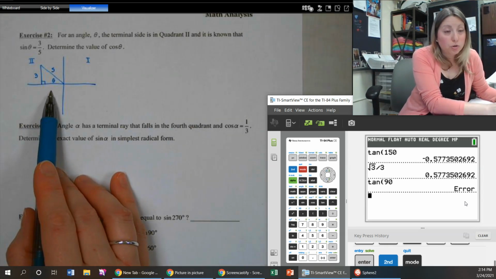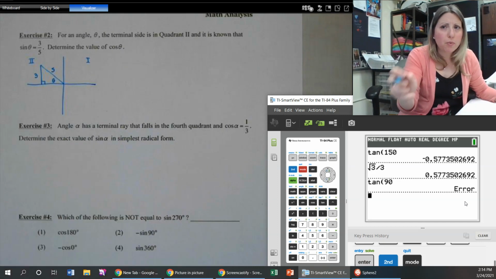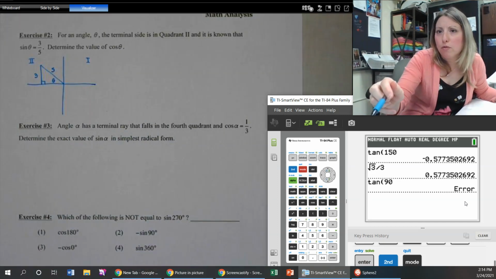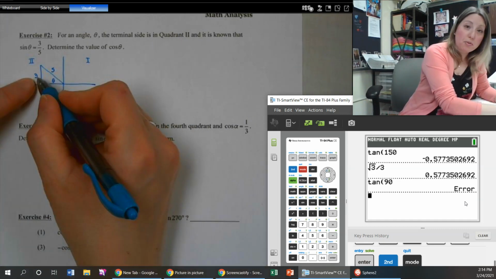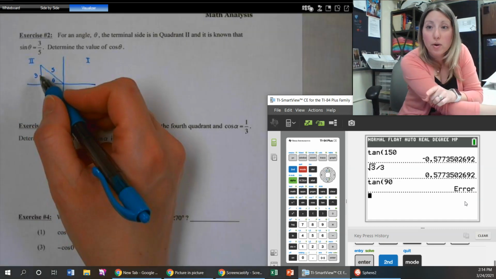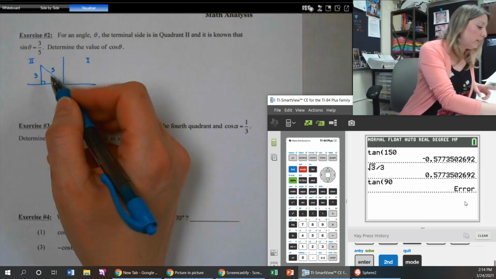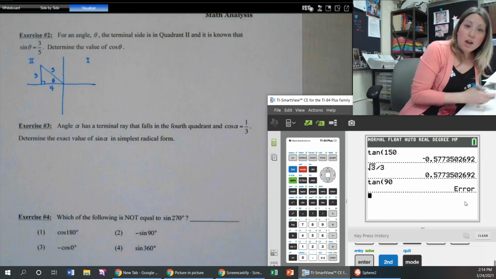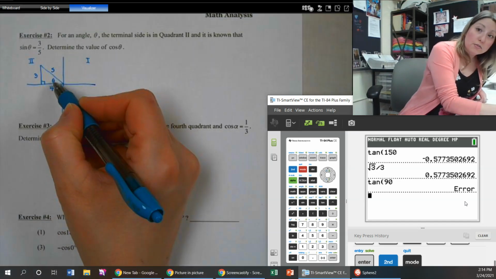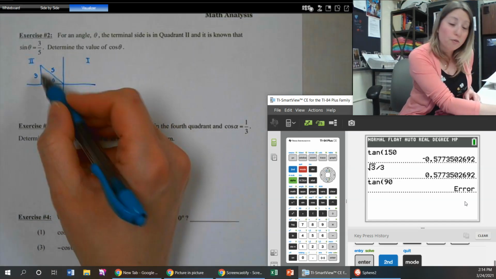Hopefully by now you've already said to yourself, wait a minute, this is a 3, 4, 5 right triangle. It is. This is a Pythagorean triple, and this is where knowing the Pythagorean triples is really going to come in handy. So this side over here is 4. And that means that cosine of this theta is 4 over 5.